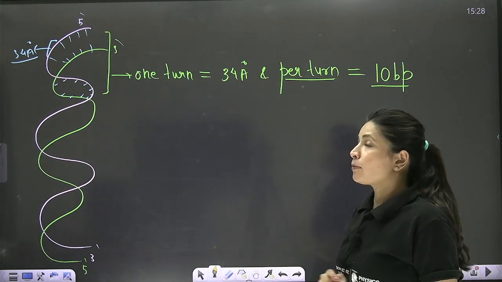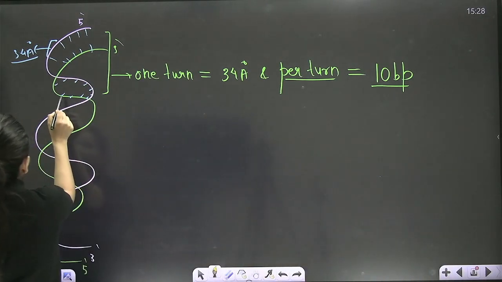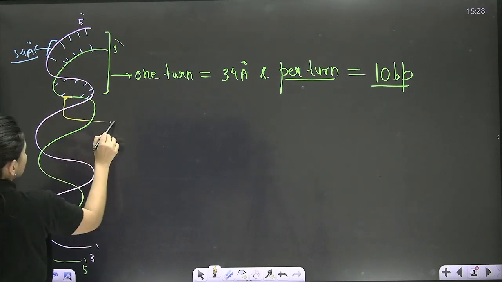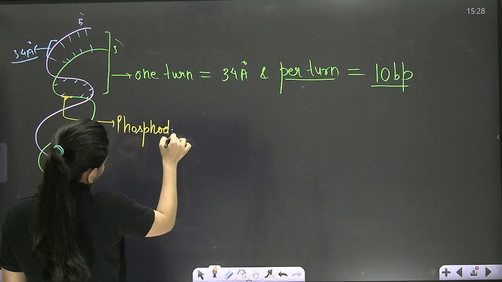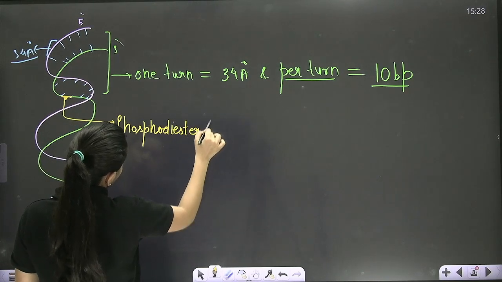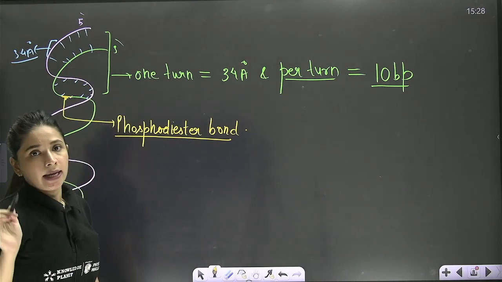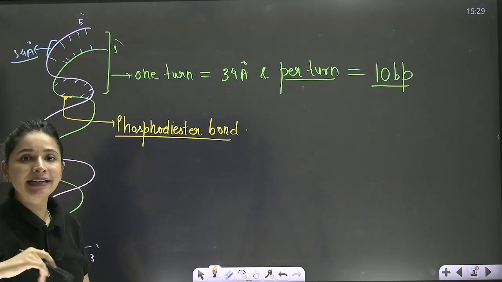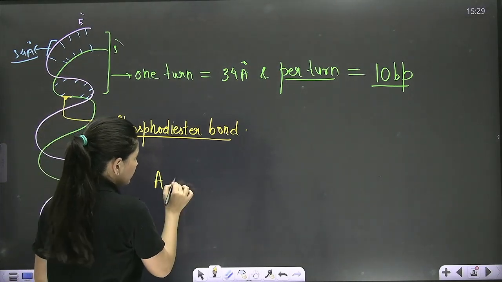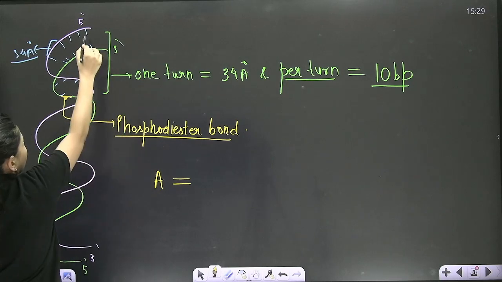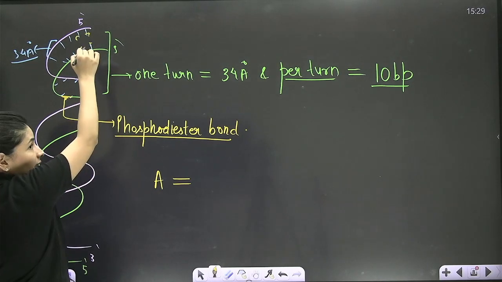Now the next point which they also mentioned is that the backbone, these nitrogenous bases, are joined with the help of the phosphodiester bond. Plus one more thing, in complementary base pairing, adenine pairs with thymine with the help of two hydrogen bonds. So if here it is adenine, then here will be thymine. If it is guanine, then cytosine. And how are they attached to each other?